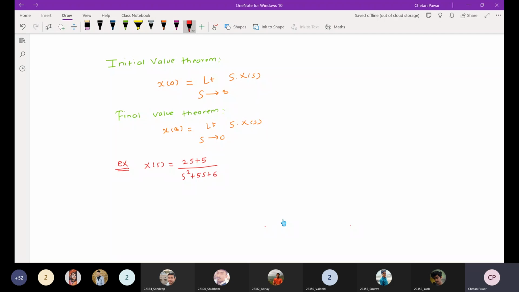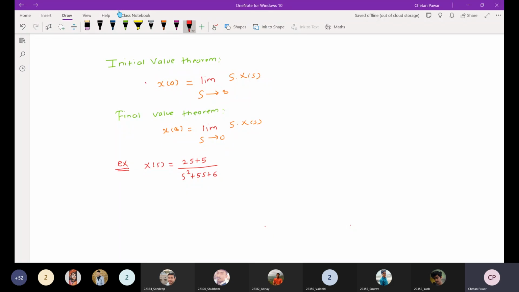And if you want to calculate the final value, x of infinity as t tends to infinity, that will be limit s tends to 0 of s into X(s).